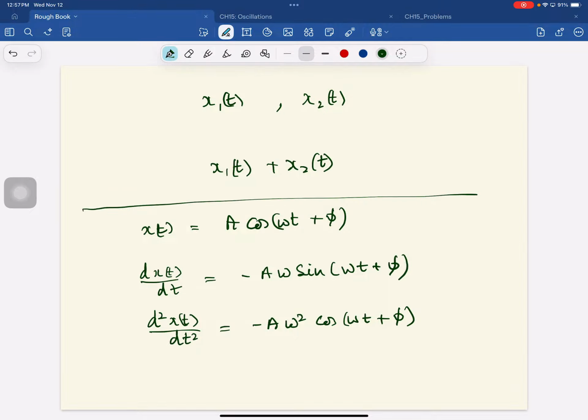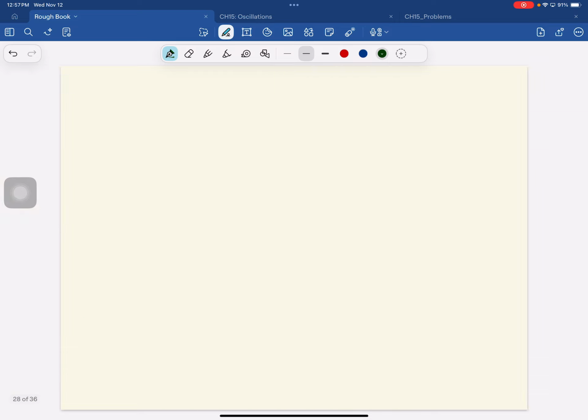Okay. So our equation says d squared x(t) by dt squared plus omega squared x(t) should be equal to 0. That's what our solution should satisfy.